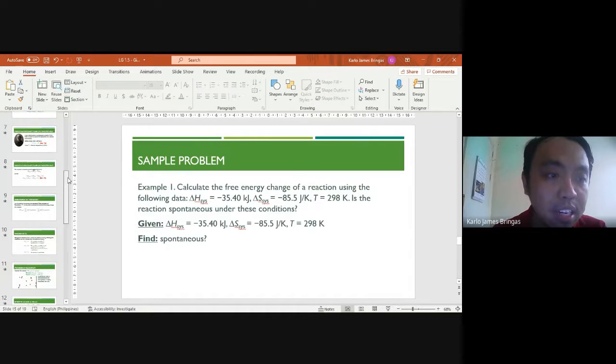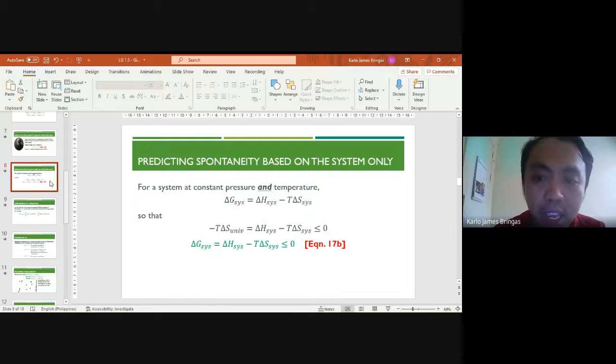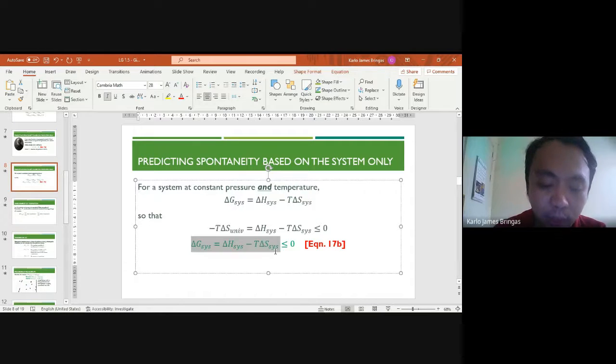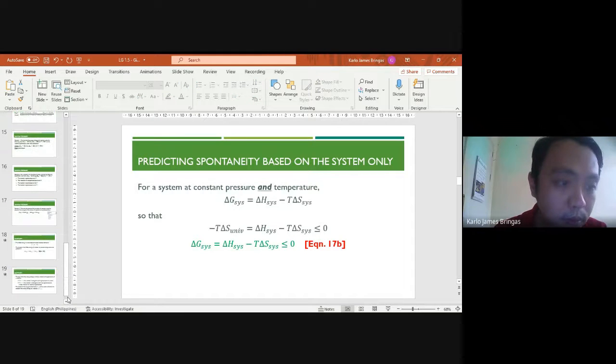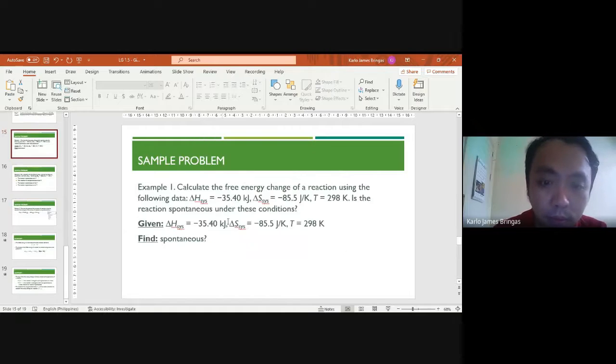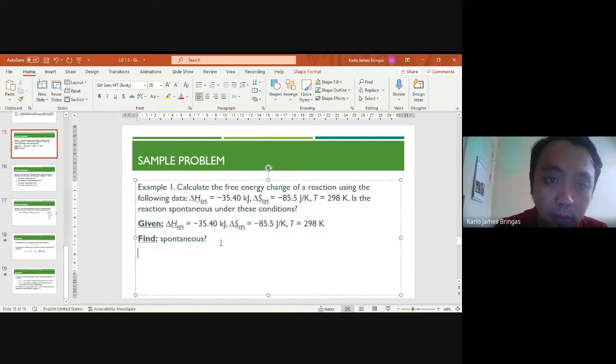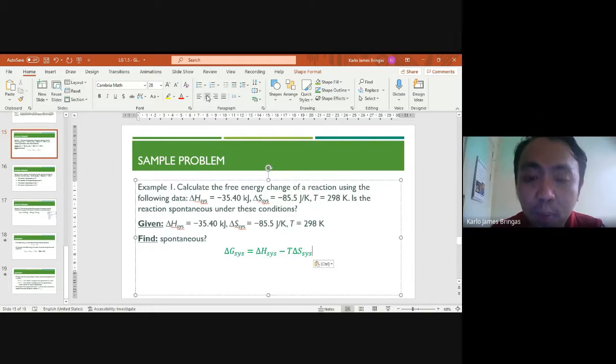So let's copy it, 17b. So equation 17b, we have this one. Copying the equation 17b, we have the following now.